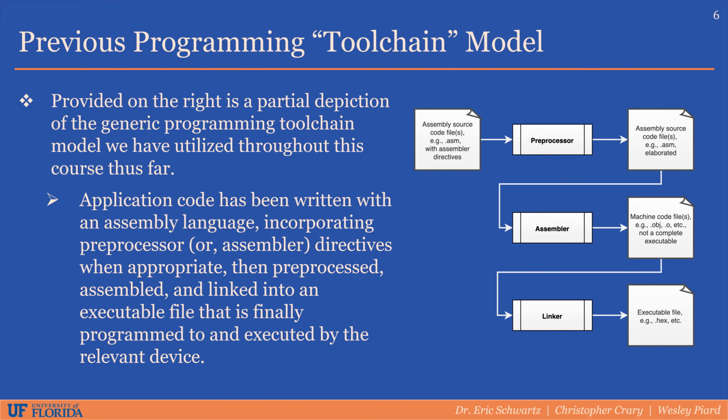And the linker actually performs any memory mapping of program code or other definitions in memory, etc., and links all of these machine code files into a single executable file, such as a .hex file, .elf file, etc. And then that file, whichever one was most pertinent, was programmed onto the microprocessor or into the microprocessor.